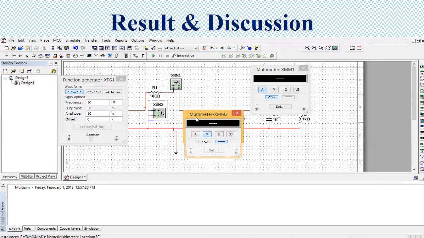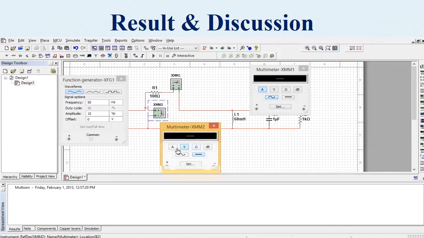Then I will click on the second multimeter and choose voltage and choose AC signal. Now I will run my simulation diagram. Click on the run block. So here I have the current in the circuit, and here I have the voltages across the circuit when I supply the frequency of 50 Hertz.